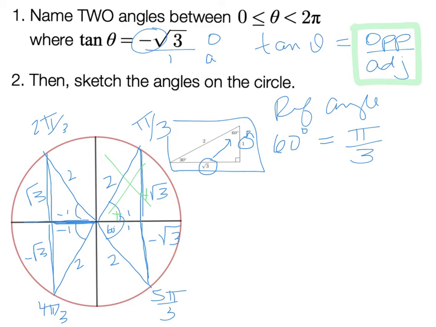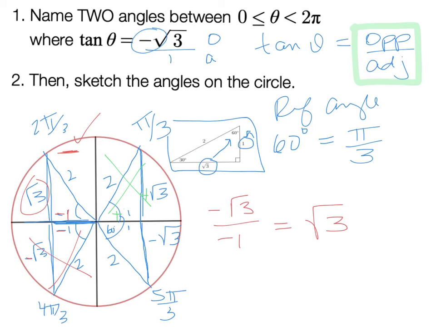In quadrant 2, we do have a negative 1 and a positive root 3, so that would give us a negative value. So this quadrant gives a negative tangent and it works. In quadrant 3, we have a negative and a negative, but don't forget, a negative root 3 over a negative 1 gives you a positive root 3, so this quadrant will not work either.